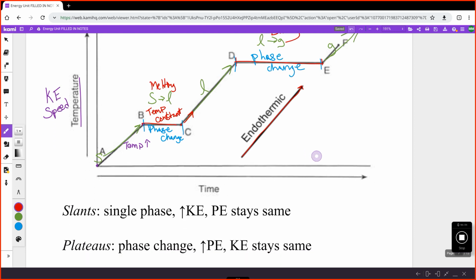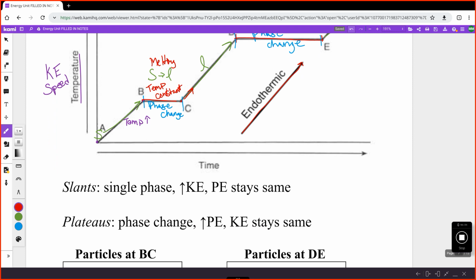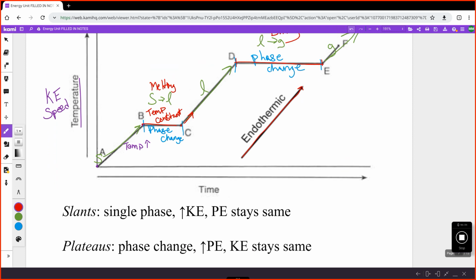So when we look at these charts, we're looking at slanted lines and we're looking at plateaued lines. I say it all the time: all right, so what's changing here? Oh, the temperature's changing. Well, what does temperature mean? Temperature means kinetic energy. And if you think of the y-axis as also being kinetic energy, then it's easy to see that there are only 3 sections on this graph where the kinetic energy is changing.